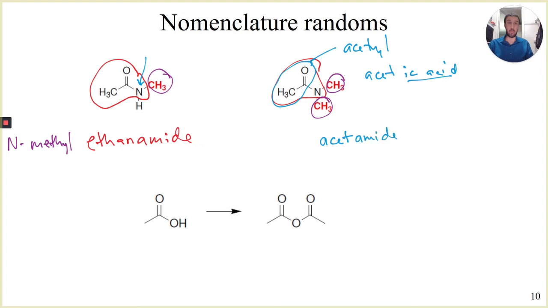We've got acetamide, which I think is the right way to say that. We have 2 methyls, so we'll still use the dimethyl prefix, but we now have to specify the location for each of those methyls, and it becomes N,N-dimethyl acetamide. Acetamide, I think I got it right there.